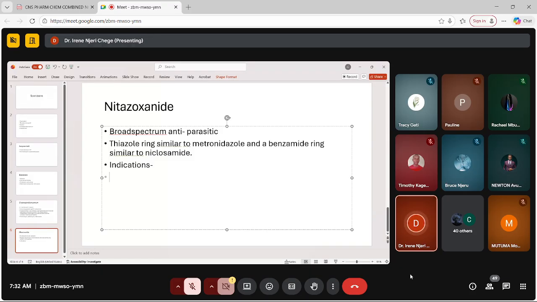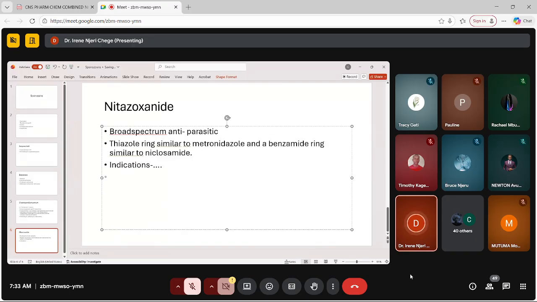So what is the mode of action of nitazoxanide? It is thought to inhibit oxidoreductases, an enzyme that is essential for anaerobic metabolism. So put your indications here. I've told you some of them. Google the drug, please have a look at it.